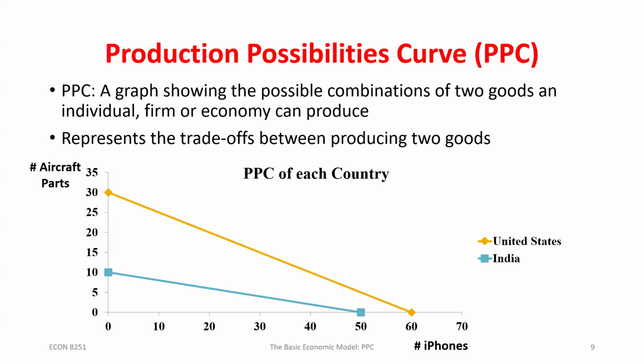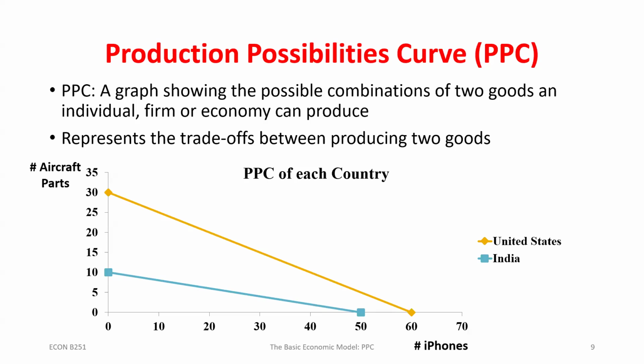What's my change in y between these 2 points? 60, or technically negative 60, divided by my change in x, so negative 2. We just want the absolute value. So really, each aircraft part is costing the US 2 iPhones. That's their cost.